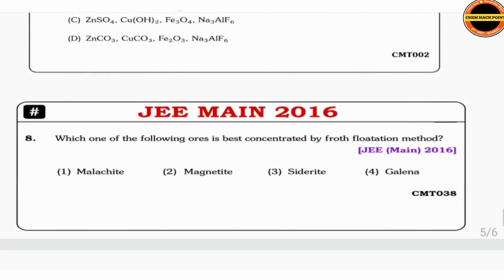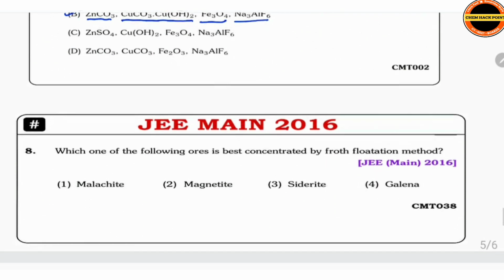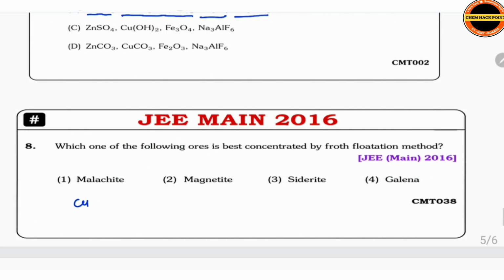Next, which one of the following ores is best concentrated by the froth flotation method? Malachite we already discussed, CuCO3·Cu(OH)2, magnetite Fe3O4, siderite FeCO3. All these ores I already gave in the list. Above list, every ore you can find. Once you refer to those ores, it is more than sufficient.